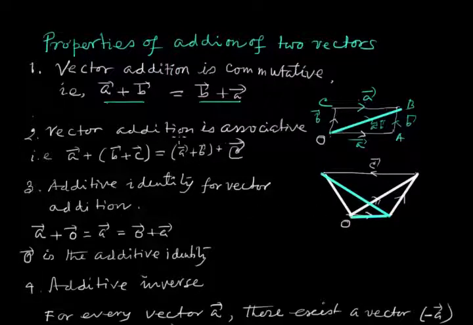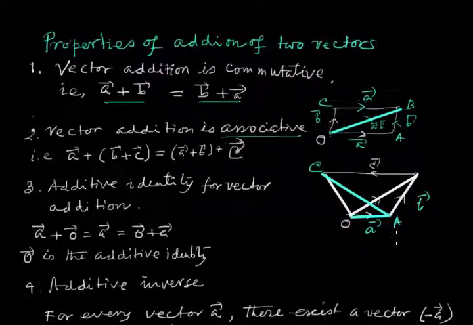Now vector addition is associative. That is, vector A plus (vector B plus C). So let this vector be A, this vector B, and this vector C. So the addition of B and C will get us from A to C. So this is A plus (B plus C).